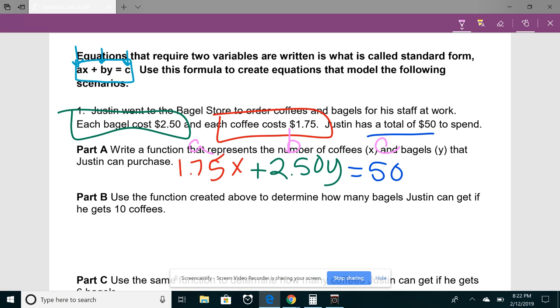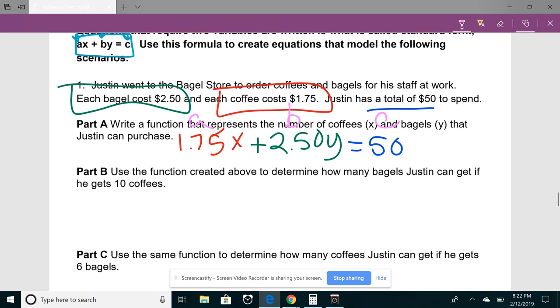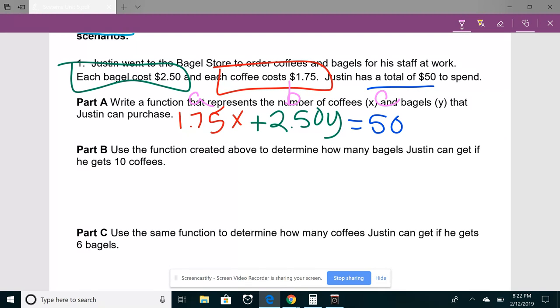For part B, it says use the function created above to determine how many bagels Justin can get if he gets 10 coffees. So if he gets 10 coffees, remember coffee is $1.75. So 10 coffees, we're going to plug that in for X into our equation.